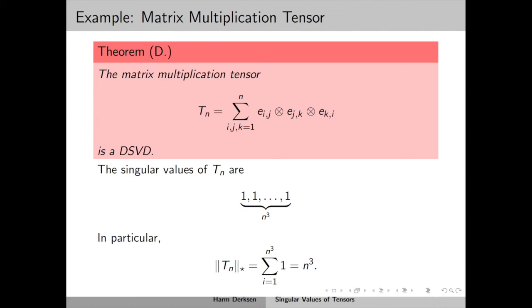So maybe that's disappointing, in the sense that the usual decomposition for this tensor is actually optimal for the nuclear norm. But we saw the other example of the permanent, where if you try to minimize this nuclear norm, you actually get a very low rank decomposition of the tensor. So the heuristic is that if we try to minimize this nuclear norm, we would get a low rank decomposition, but we won't always get the lowest possible rank.